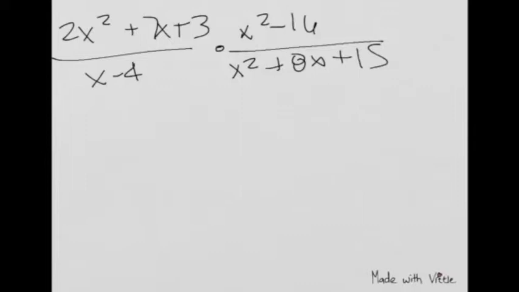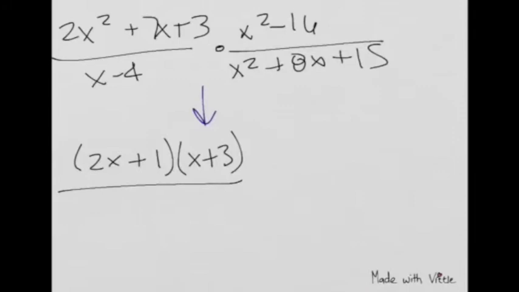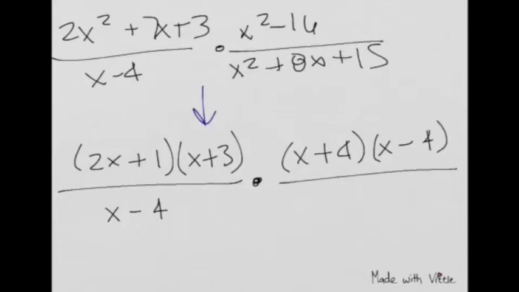And so that will become 2x plus 1 times x plus 3 over x minus 4 times x plus 4, x minus 4 over x plus 3 and x plus 5.